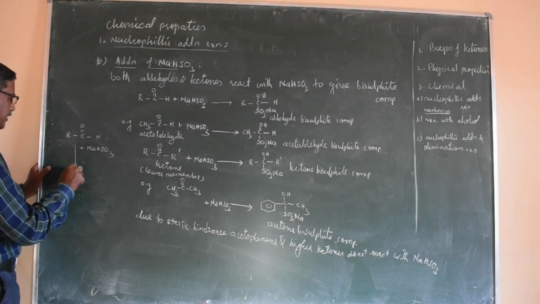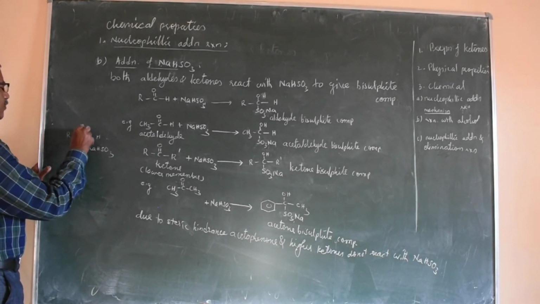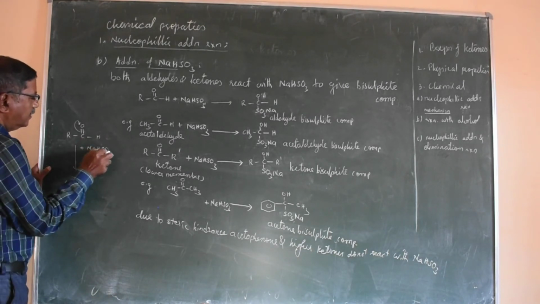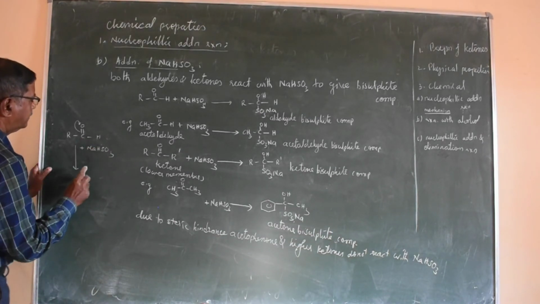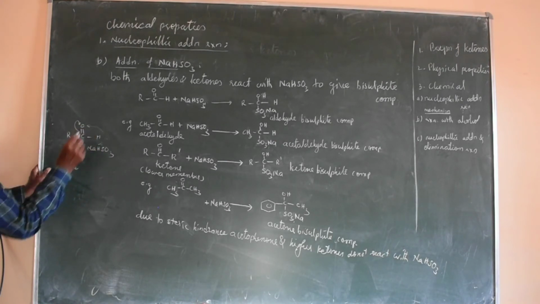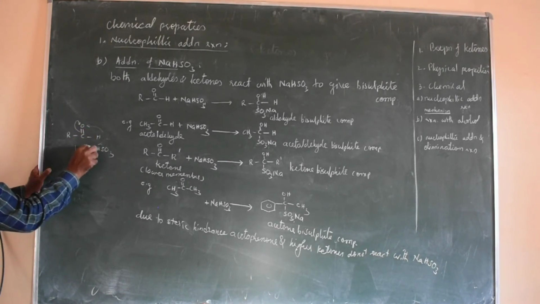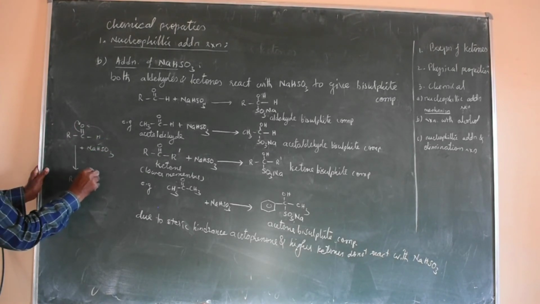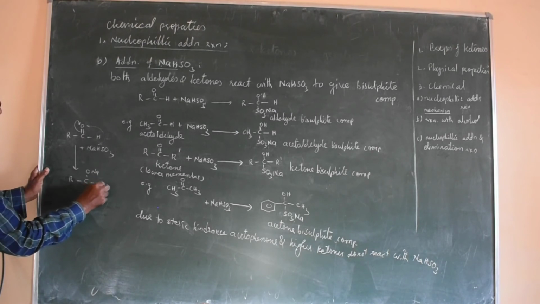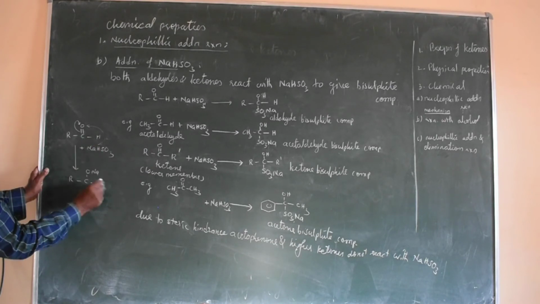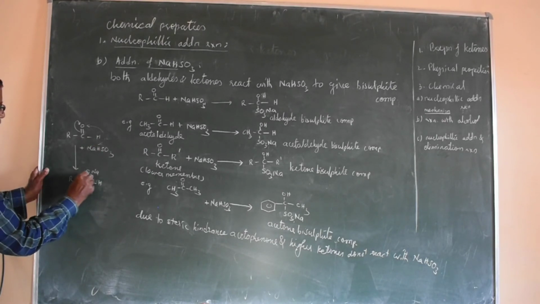So addition takes place. Oxygen is more electronegative, so the pi electrons move to it. Then the SO3H, Na links here because of the positive charge, giving R, C, O, Na, with SO3H. You may write it here or there because all bonds are equal.